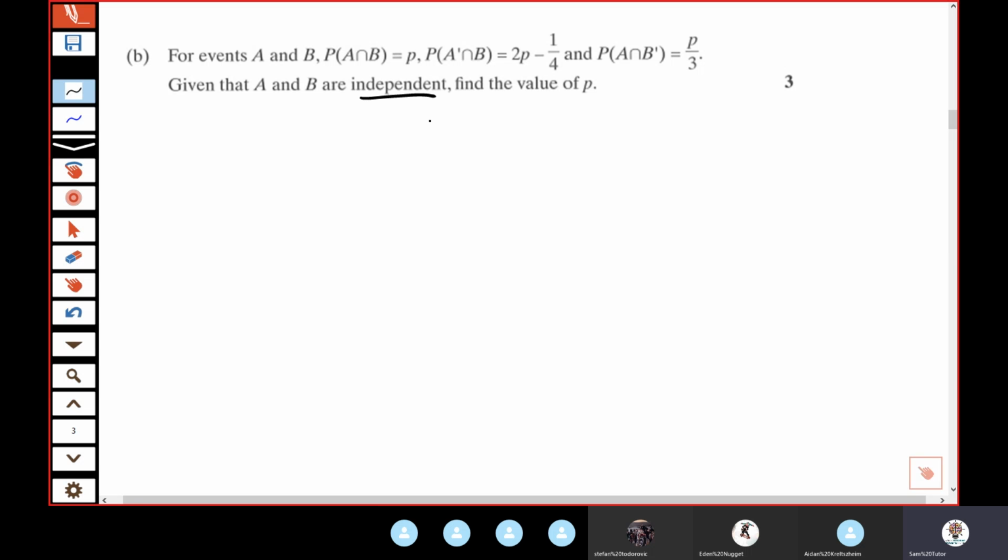So that helps a little bit. It means something. Find the value of P. What does the dash mean? Dash means not. So the probability of not A, but including B. No differentiation. Not.